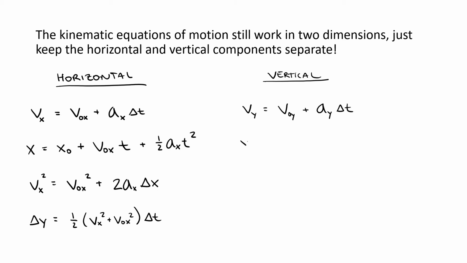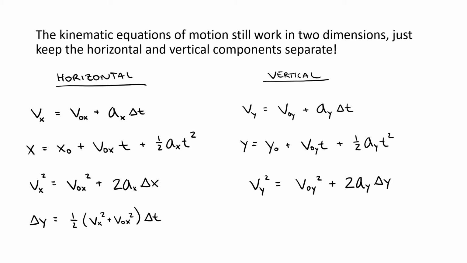We have the vertical change in position, y naught, plus v naught y t. And then everywhere there's an x over here, I'm just going to write it as a y. That's just to remind me that I'm only looking at the motion that is vertical when I'm using these equations.